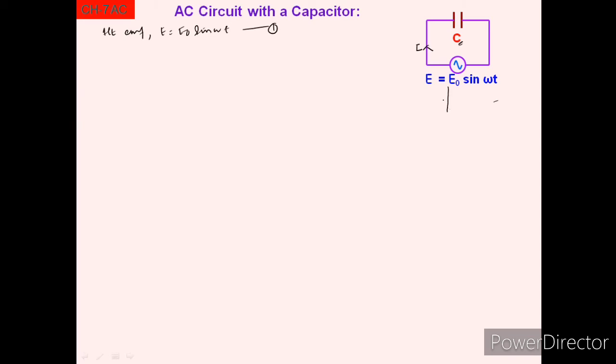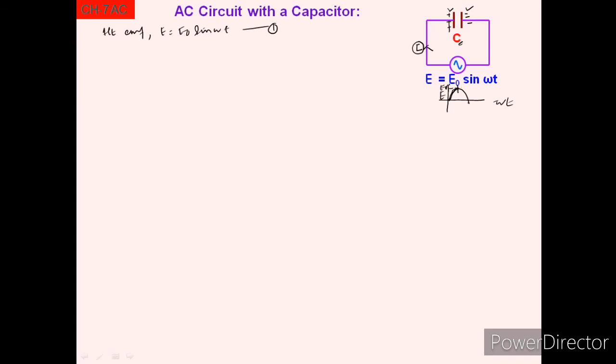Now for the positive half cycle of the EMF, when the EMF increases from 0 to maximum value, the rate of flow of charges will also increase. So the capacitor will start charging, means its plates will develop positive charge and negative charge.